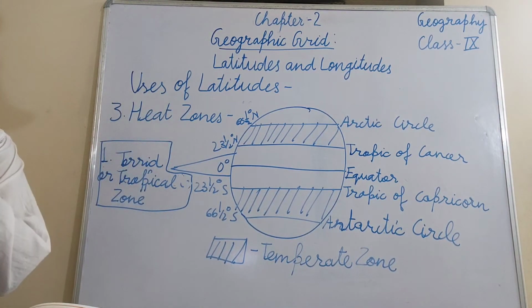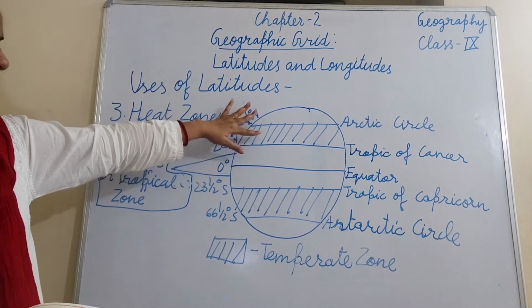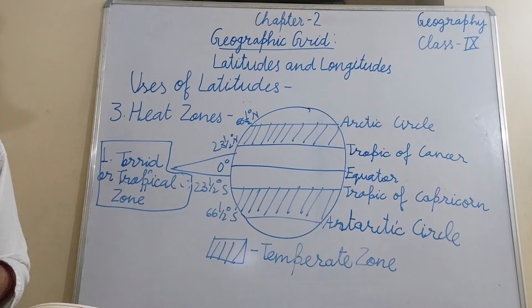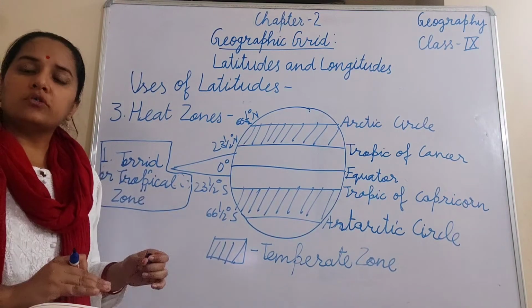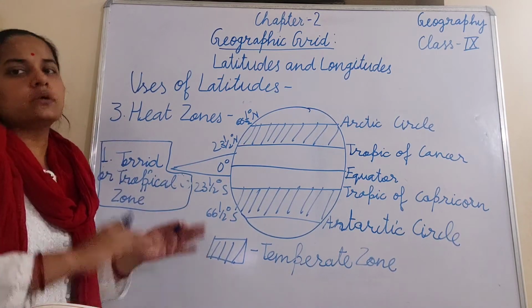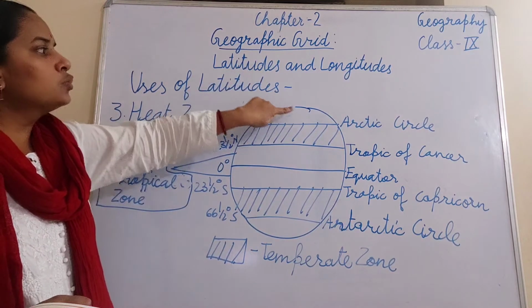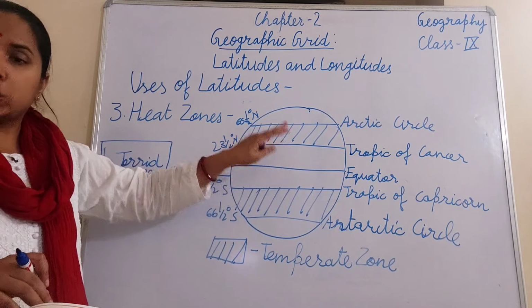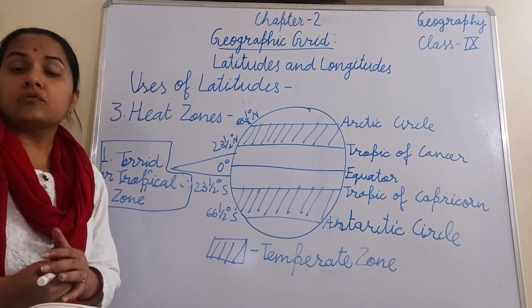The area that you can see here between the Tropic of Cancer and Arctic Circle, and Tropic of Capricorn and the Antarctic Circle. Here the climate is moderate. Moderate means it is neither too cold nor too hot, because this area is not too close to the poles, neither too close to the equator. Why is Earth a suitable planet for life?